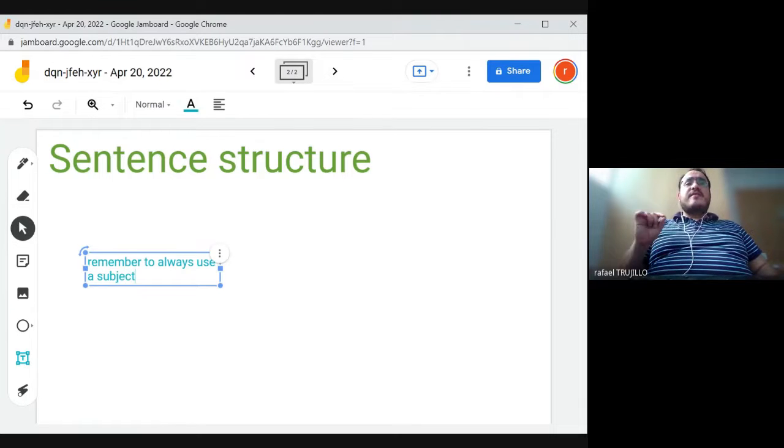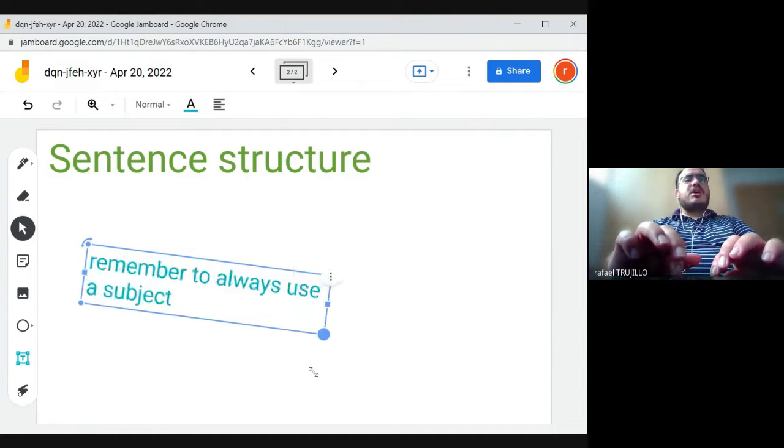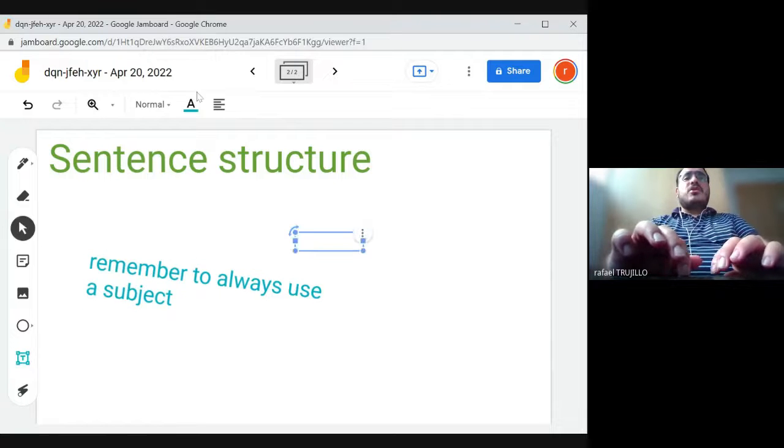This is something very, very important. You can never forget about it. Some of you have actually been forgetting that English requires a subject. English always requires a subject. That is something we must always remember.